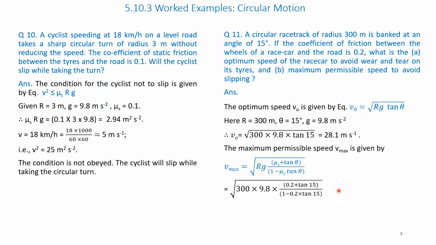Substituting the values, we get v max is equal to square root of 300 into 9.8 into (mu s, given as 0.2, plus tan 15 degrees) divided by (1 minus 0.2 into tan 15). Obtaining the value of tan 15 from tables, we get the answer as 38.1 meters per second. That is the answer.